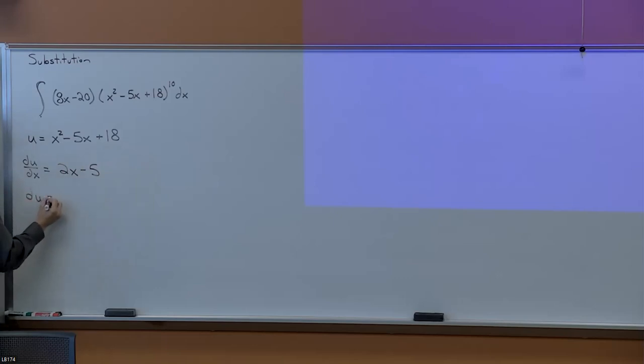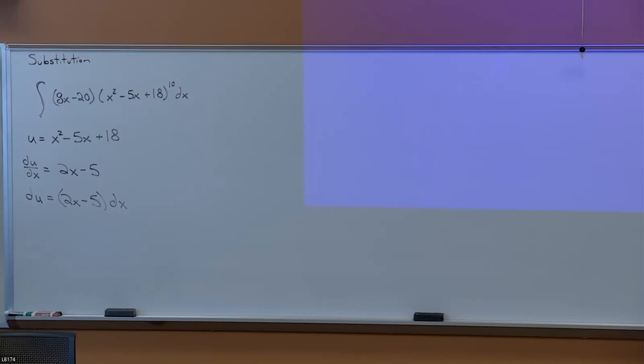So my du dx exchange is this, du has to be equal to 2x minus 5 times dx. Now, I'm just going to use this one, okay? I'm not going to manipulate it right now.